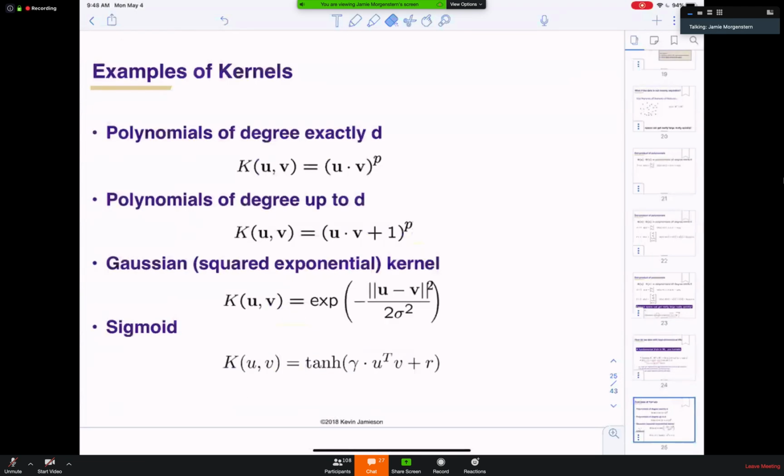So I'll give you a couple of examples of kernels. These are functions that take two degree D vectors and do some computation upon them, like dot products. And you can think about what the maps are that these are kernels of.